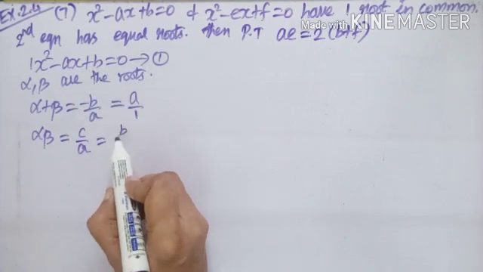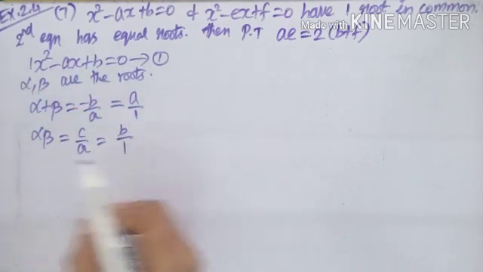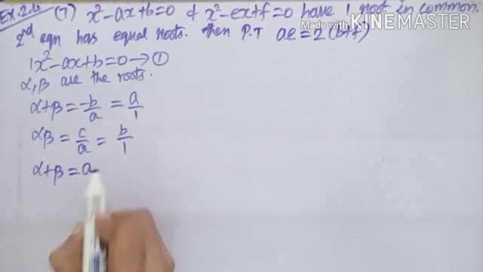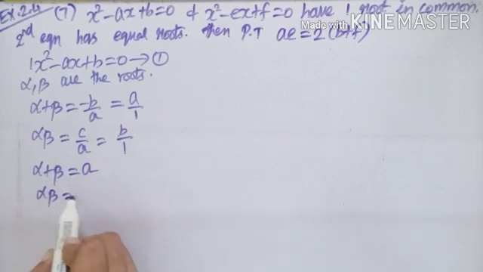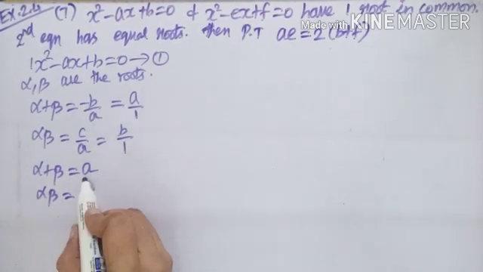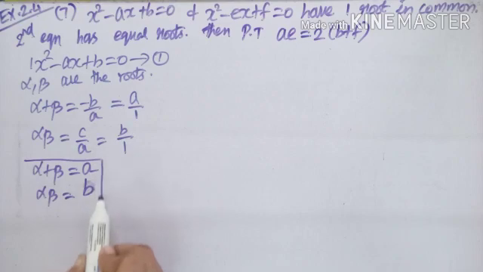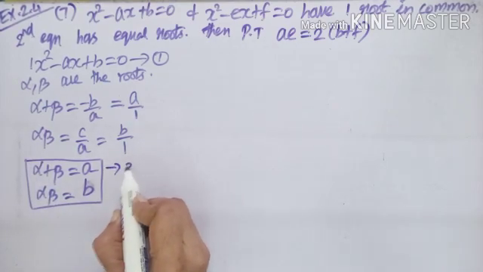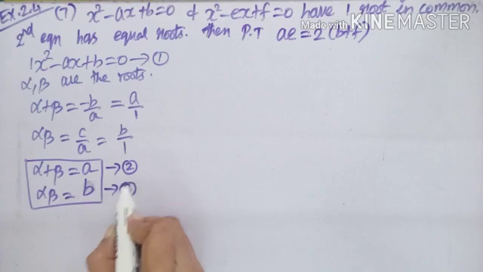C is b and a is 1. So from these two I get alpha plus beta is a, alpha into beta is b. So this is an important relation. Call this as 2 and 3.